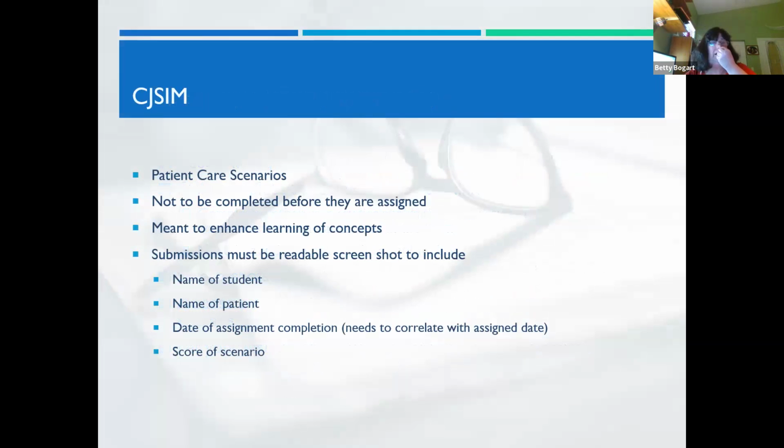All right. CJ Sims. As I said, CJ Sims, don't just get the answers and put them in. You are failing yourself horribly. This is what we should be doing, those evolving case studies, knowing what they're saying. Why do you do this? Think about it. Take some time with them.